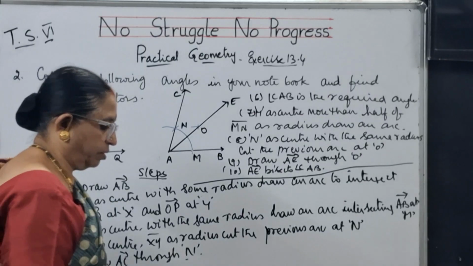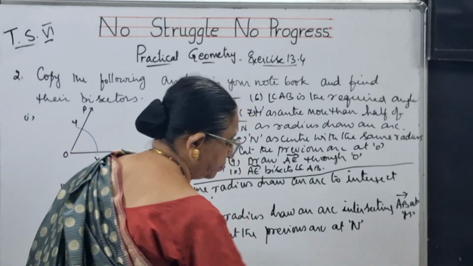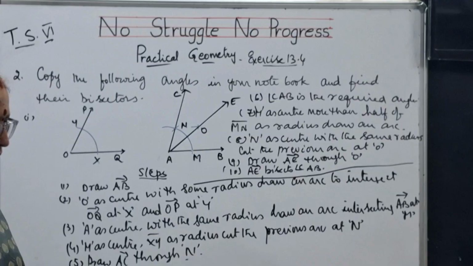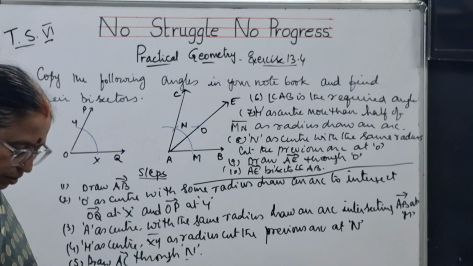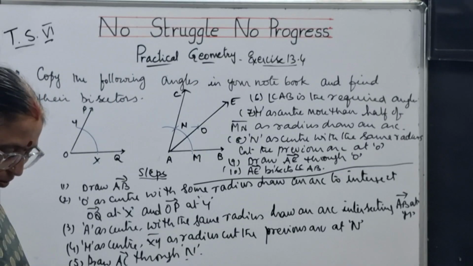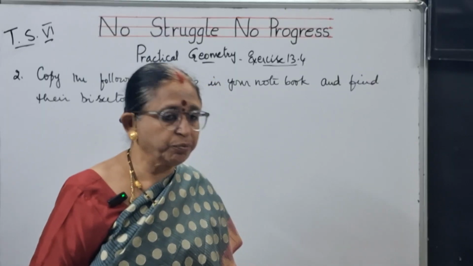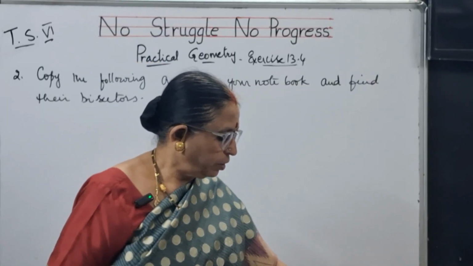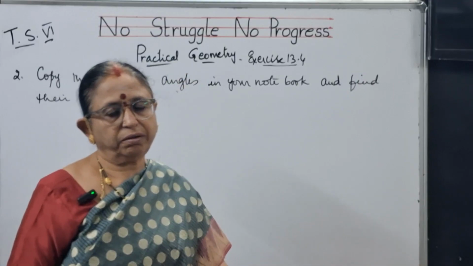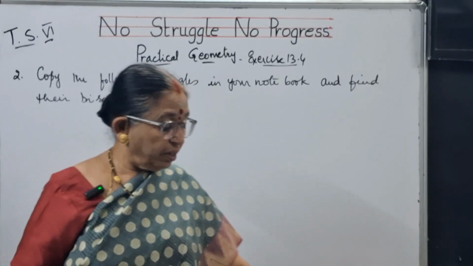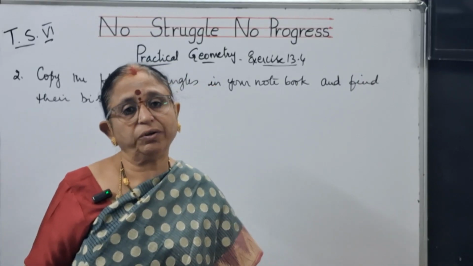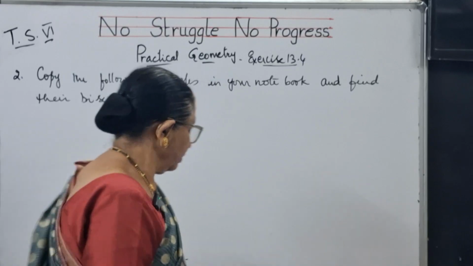Please note it down. Now the other angles, children, I'll just explain how you need to do. The steps of construction are lengthy. In case they ask you in the examination, you write. Otherwise, just do the construction.